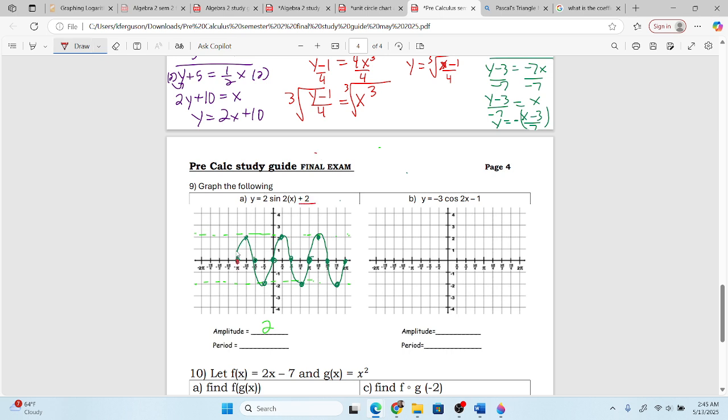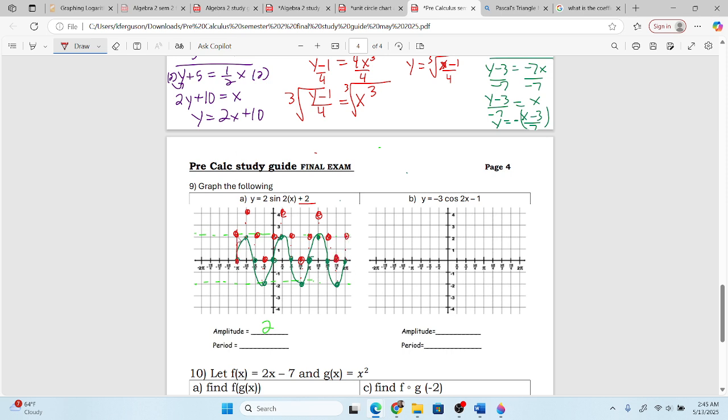So here's my point. 1, 2, 1, 2, and so on for each point.